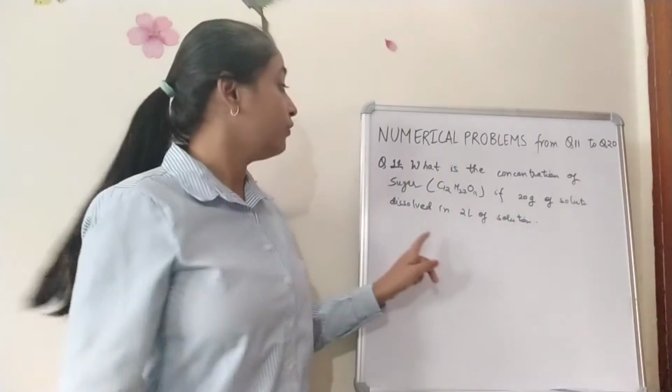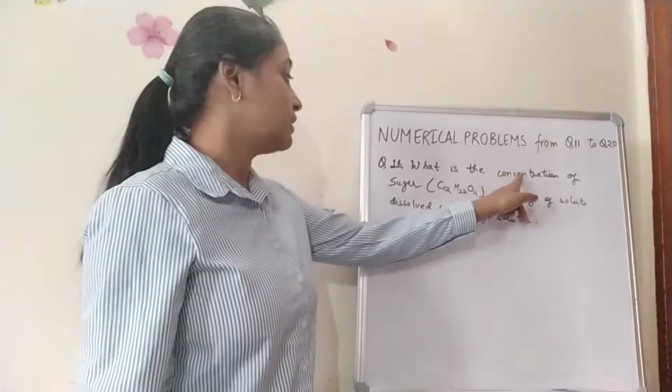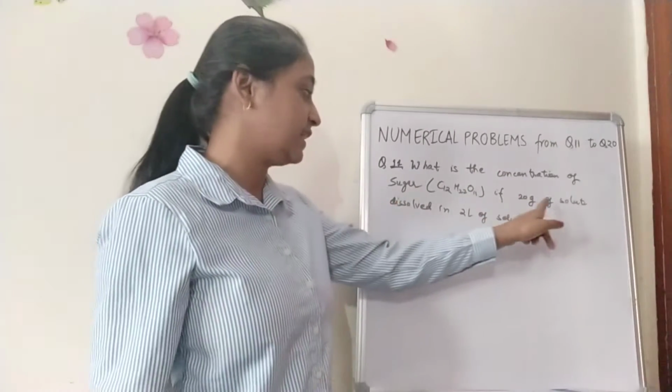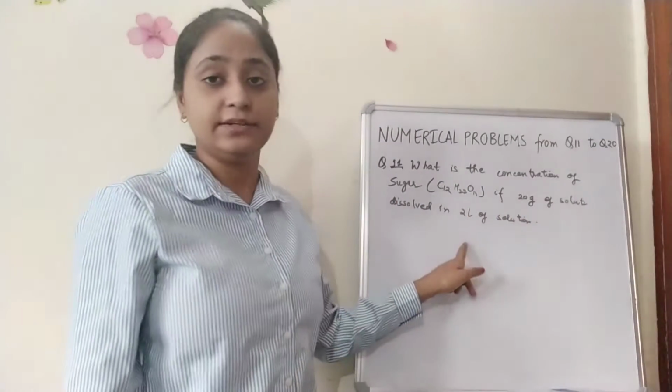So here we are talking about the concentration of sugar, that is in gram per liter, right?